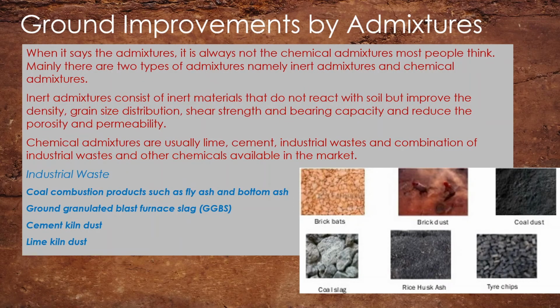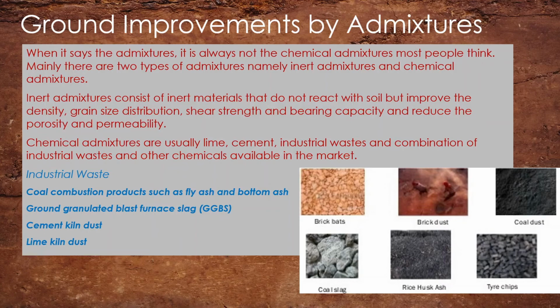Ground improvement by admixtures. When it says admixtures, it is always not the chemical admixtures as most people think. Mainly, there are two types of admixtures, namely inert admixtures and chemical admixtures.